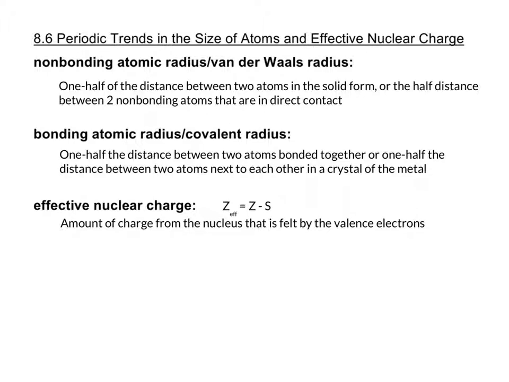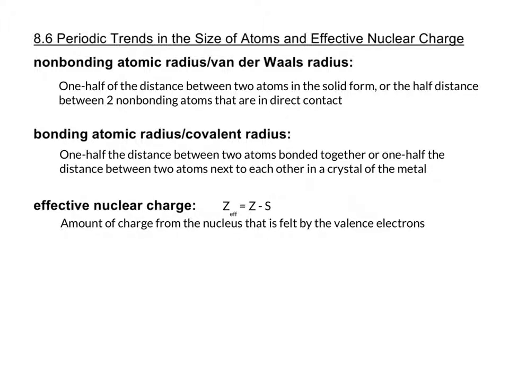Z is the actual nuclear charge, and S is the charge screened by other electrons, so Z effective equals Z minus S. There are going to be other electrons that are core electrons that are shielding that positive charge from electrons on the outside. So the more core electrons there are, the more shielding there is going to be that prevents those outer electrons from feeling that pull from the positive nucleus.